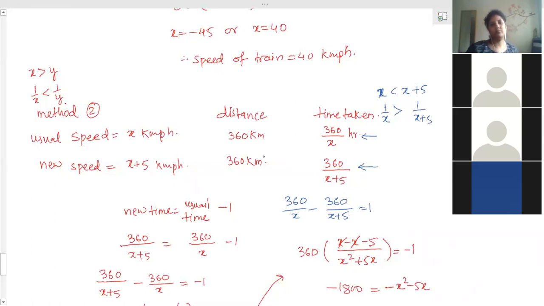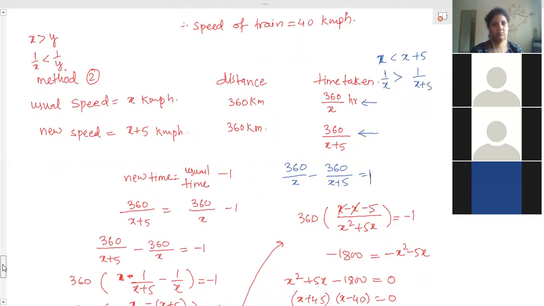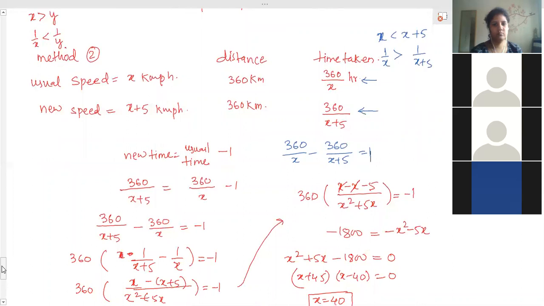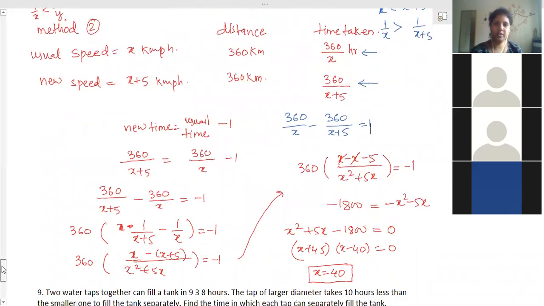Yes, ma'am. So note down this method also, and whichever you feel is easier, you can use that. Only thing, you have to solve the question properly and get a proper answer. You should not make mistakes.